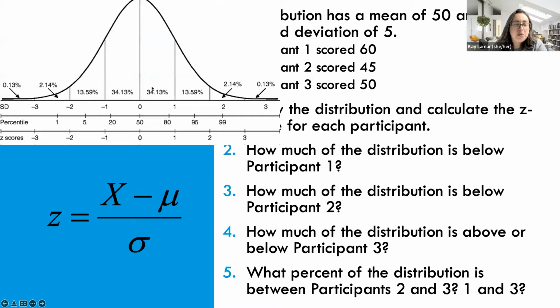Here's the normal curve that you can use with the z-scores, the standard deviation, and the percentile. Try to complete these activities on your own by calculating the z-score, and then use the percentile values here to determine how much of the distribution is below or above each of these participants.